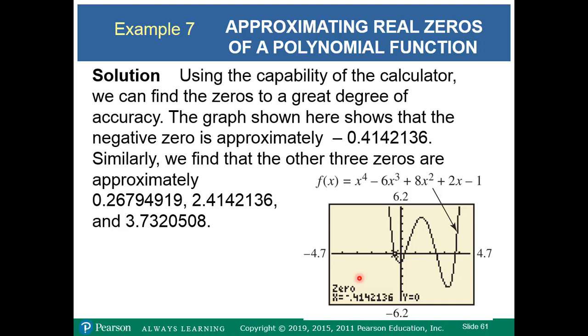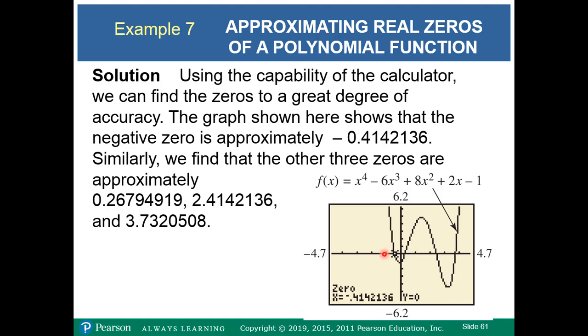So now we're going to use our calculator. Using the capability of the calculator, we can find the zeros to a great degree of accuracy by using what's called the zero option, or the zero function on your calculator. You use the zero option, and then it'll ask you to pick a left bound.